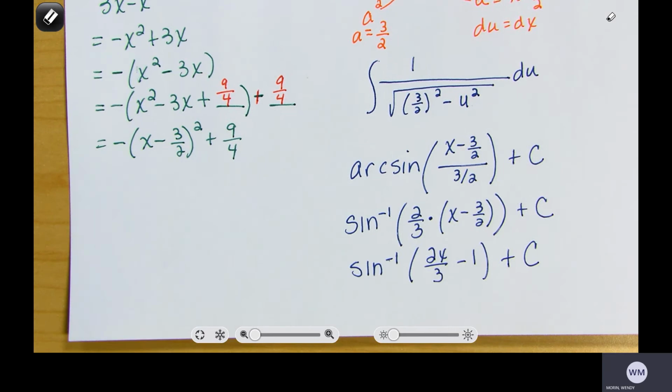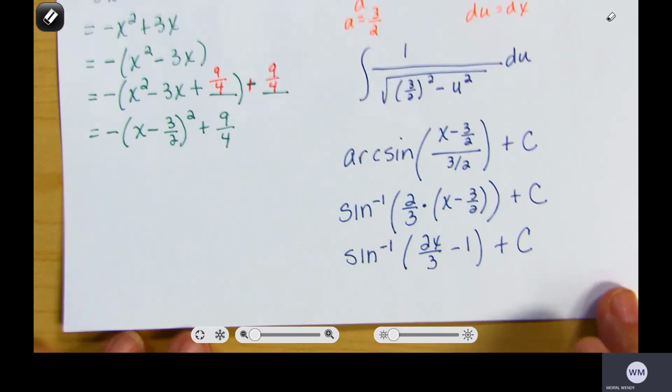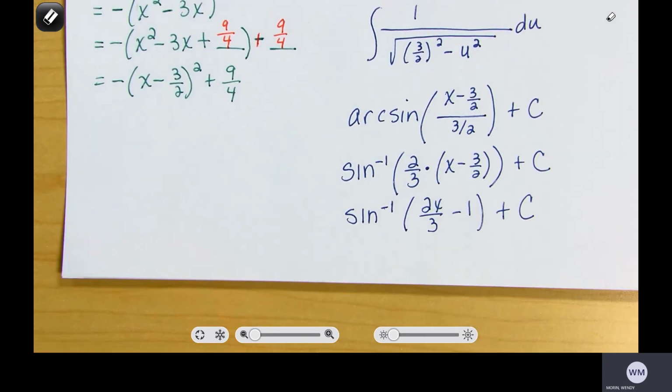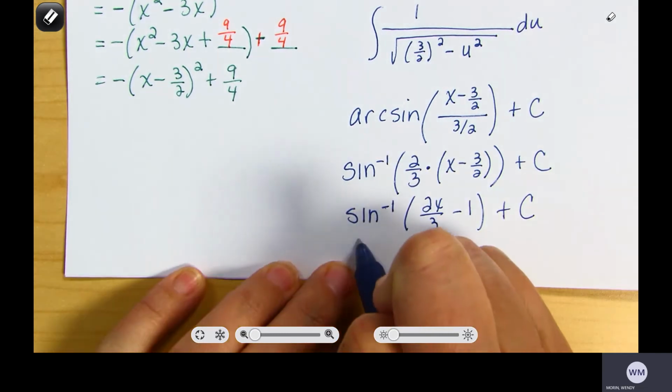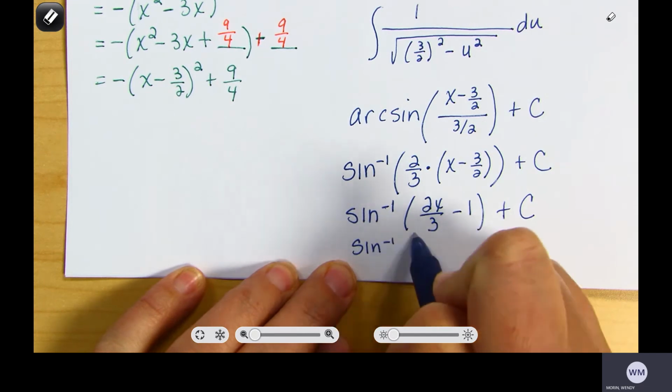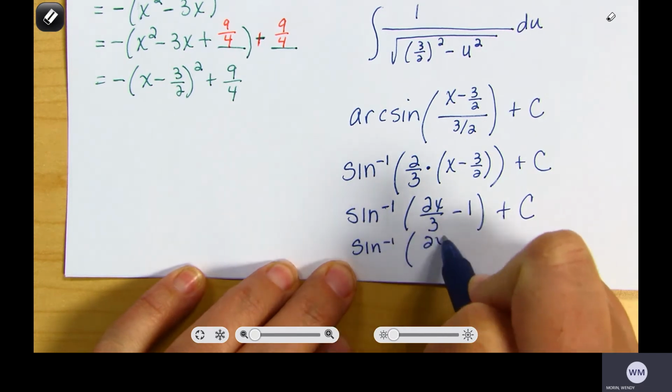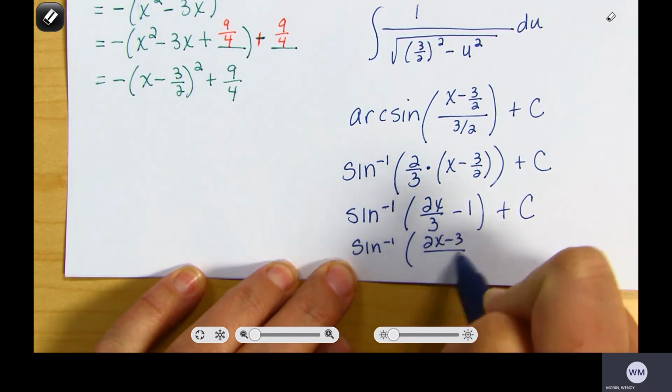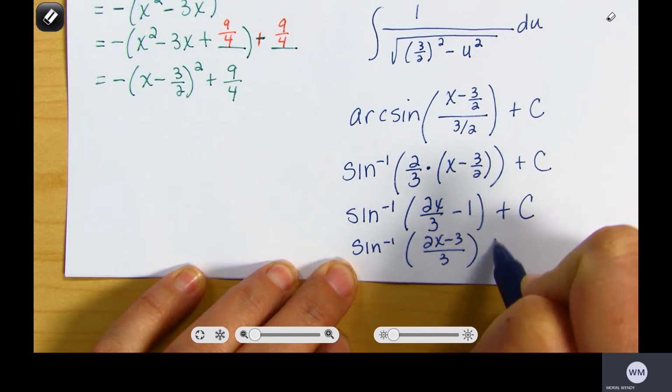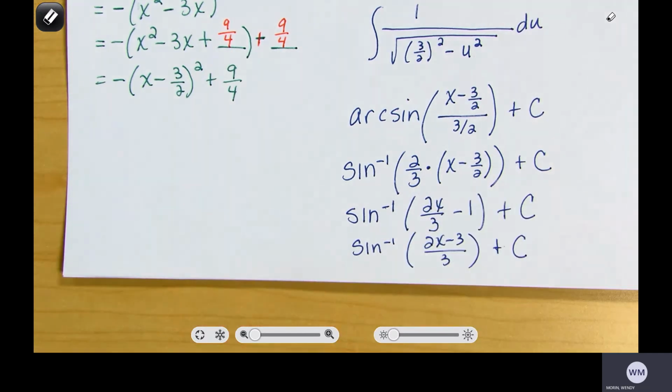Oh, that's right. Or, again, it's multiple choice. That's the same thing as 2x minus 3 all over 3. Those are all the same. Okay? Make your answer look like one of theirs. All right, so that's completing the square.